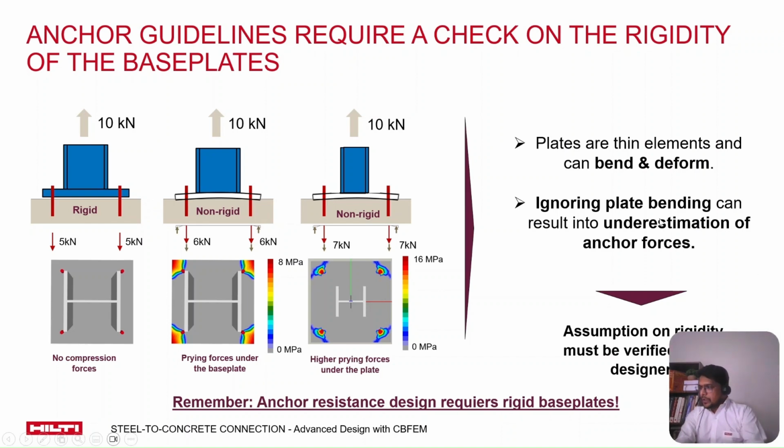So what we want to conclude here is that base plates are actually thin elements and they bend and deform. Ignoring base plate bending can result in underestimation of anchor forces. Hence the assumption on rigidity must be verified by the designer. And remember, anchor resistance design requires rigid base plates.